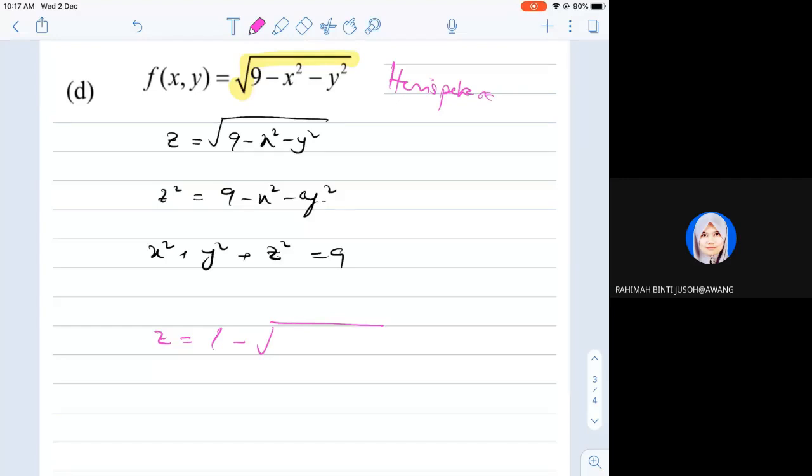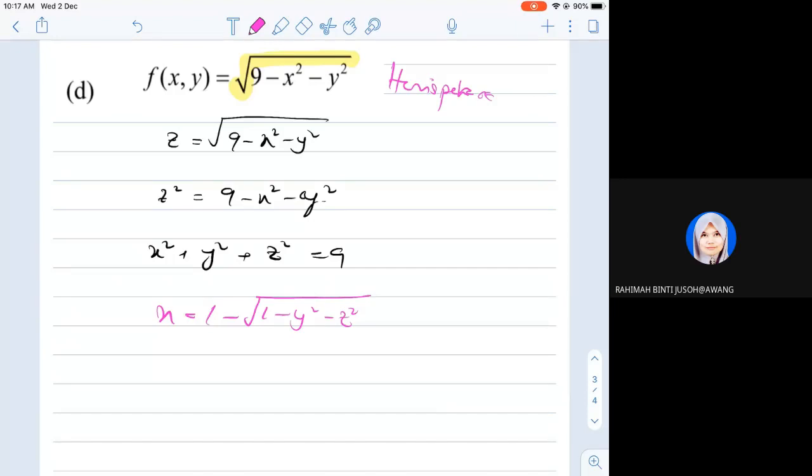Question 2A, 1 minus... sorry, it has x. Sorry, guys, today you will hear me stumbling. Alright, x equals the square root of 1 minus y squared minus z squared.